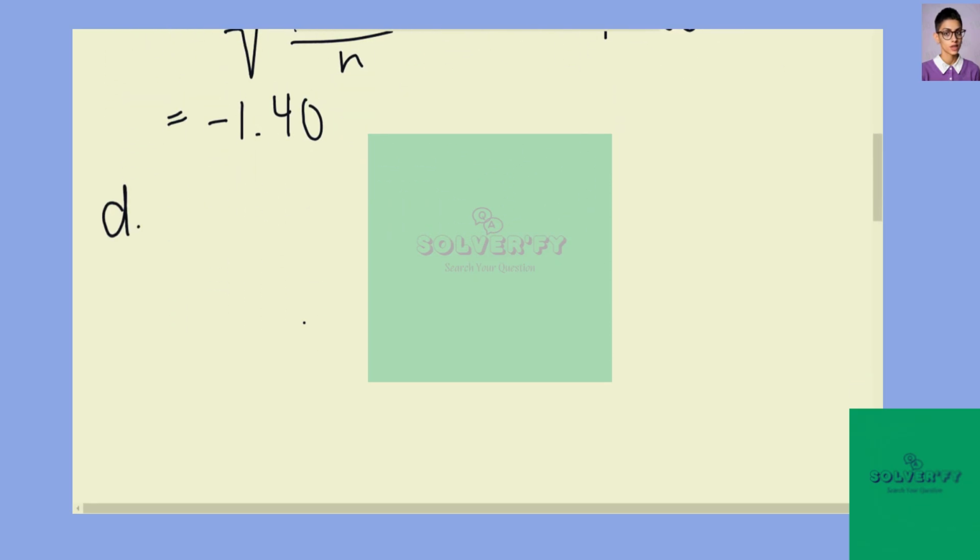So next we need to make our decision as to whether or not we can reject the null or fail to. To start, we will draw it out. We have a normal curve with a mean of 0 and a standard deviation of 1.